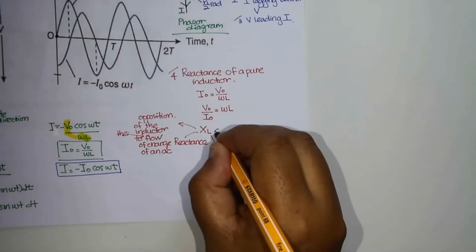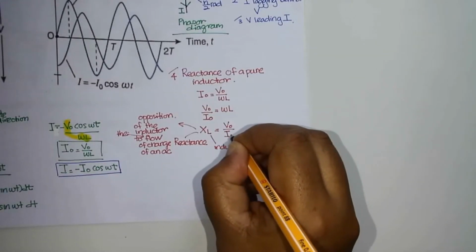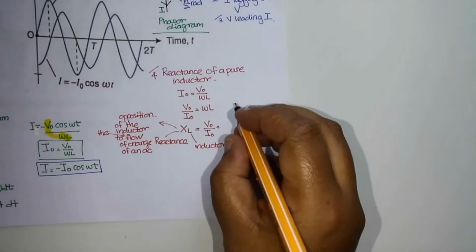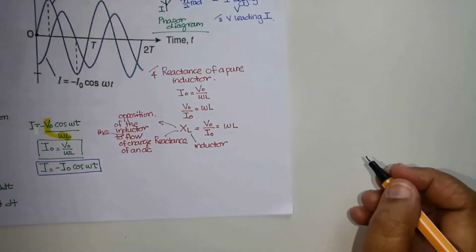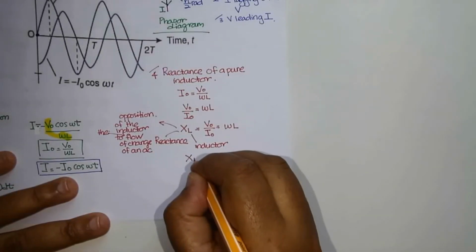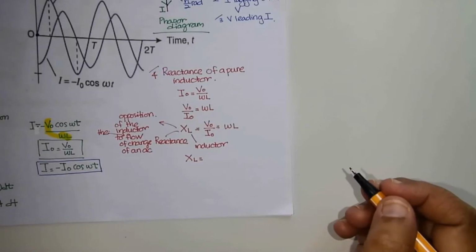So XL is equal to V naught over I naught, which is equal to omega L. Sometimes we can also use XL in respect of RMS.